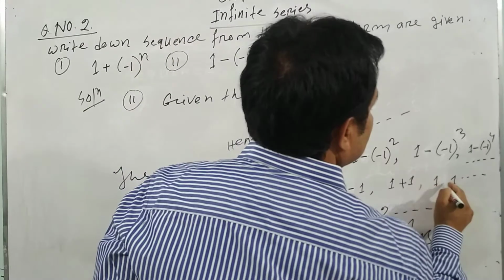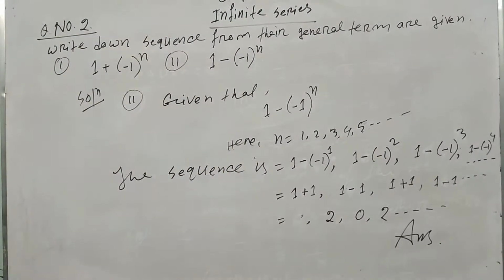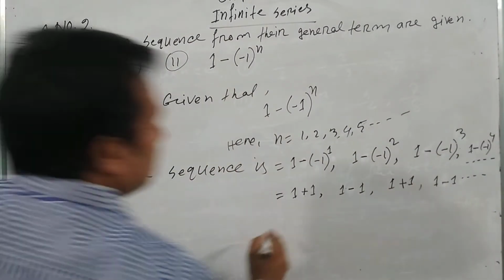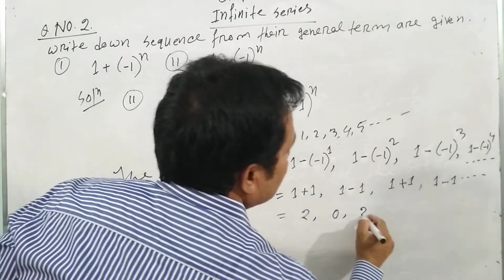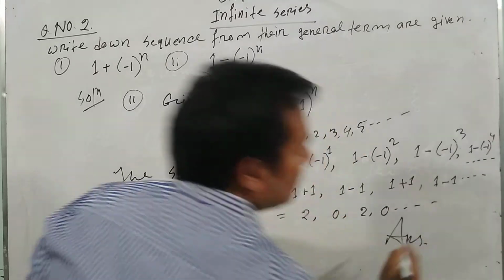Here the power is odd, so the sign is negative. Similarly, the power is even, so the sign is positive. So you can write 1 plus 1, 2, 0, 2, 0. This is the required sequence. Okay.